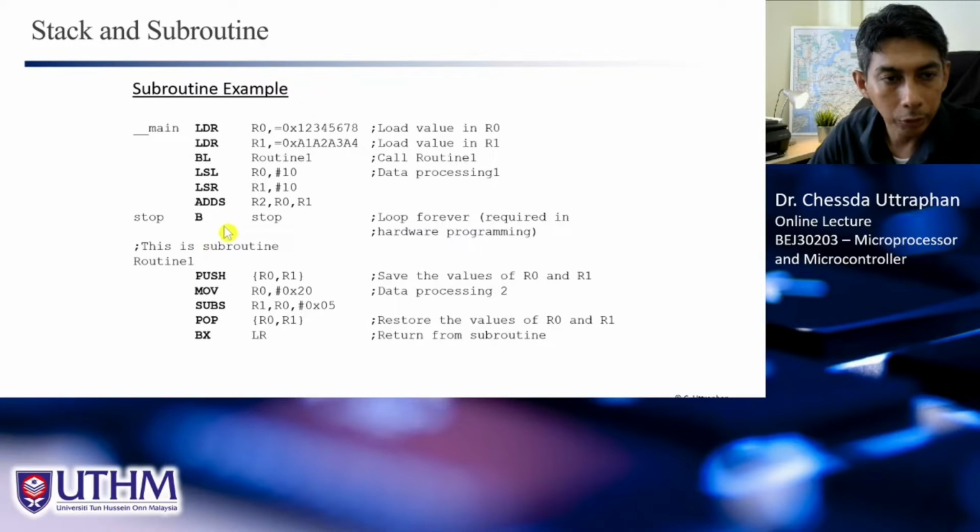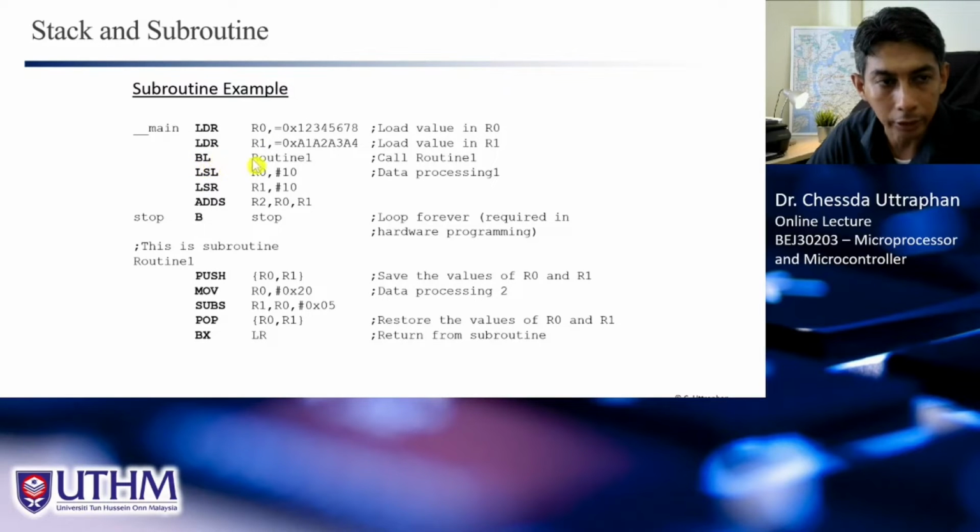And for the subroutine, this is how we use the subroutine or subprogram in programming. So subprogram is actually just a sub part of the program, where we can use that lines of code or group of code many times by using the call instruction in ARM instruction set.